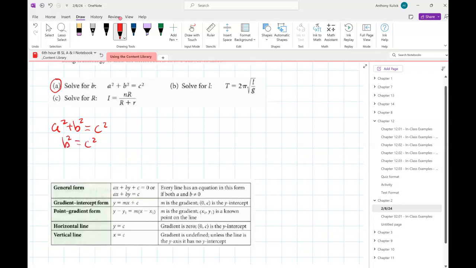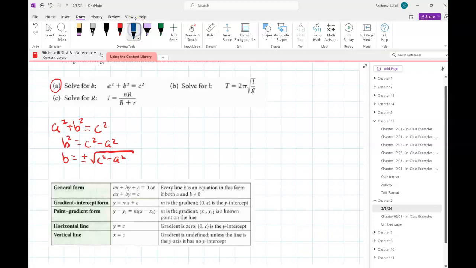Love it. Next step would be square root both sides. What do you have to remember when you square root both sides of an equation? Plus or minus. And we're done, right? B's by itself.